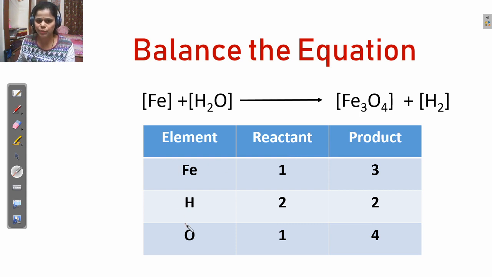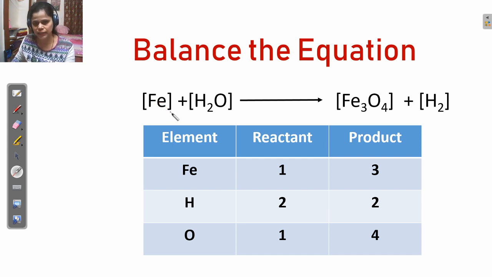Total 3 elements here, Fe, then hydrogen and oxygen. So we have to write the number of atoms of the reactant side and of the product side. Okay, so let's take the first element, that is ferrous, iron, Fe.